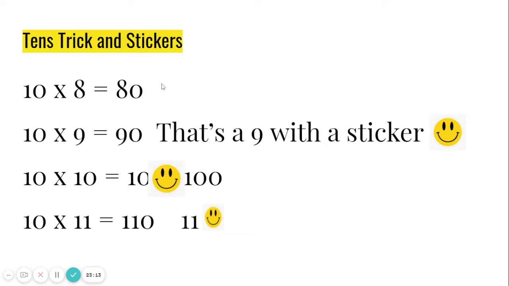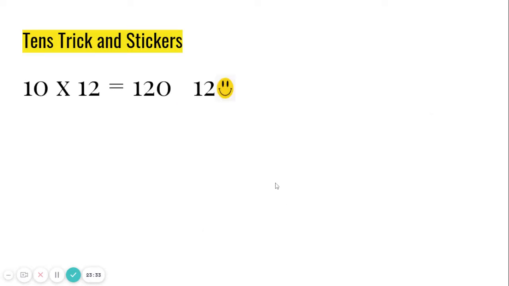So it'd be 800. Let's do 1,000 times 8. How many zeros are in 1,000? 3. So we would write the 8 and put 3 stickers. 1, 2, 3. So it'd be 8,000. It's kind of fun to think of multiplication that way, as stickers.